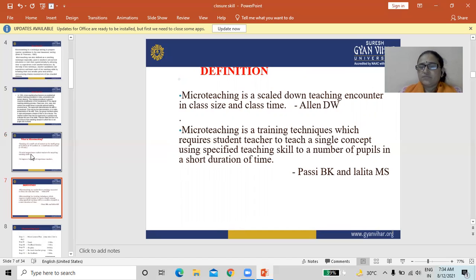In micro teaching, at a time, pupil teacher practices on a single teaching skill, and the short duration time should be 5 to 10 minutes.